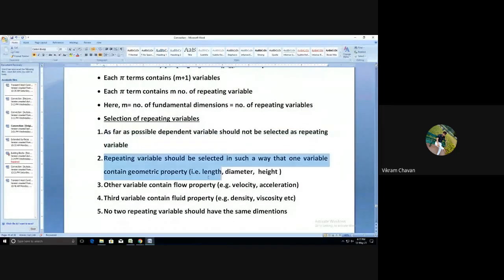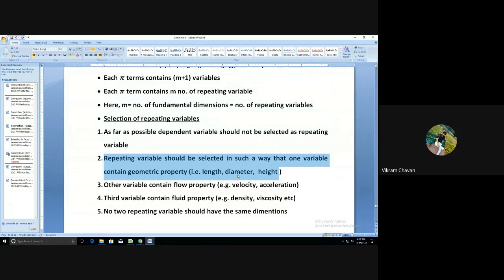Second, repeating variables should be selected in such a way that one variable contains a geometric property. Geometric properties mean length, diameter, height.